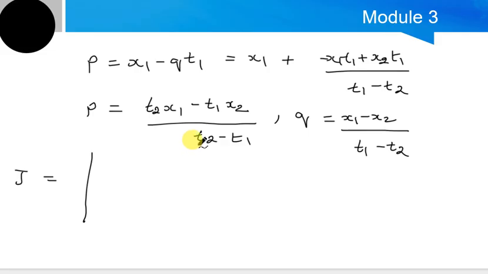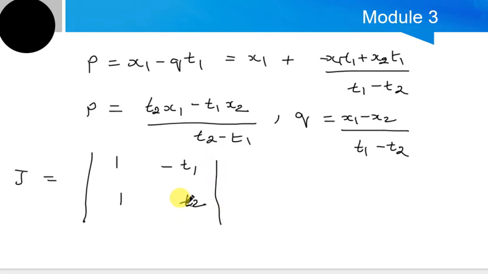The derivatives that I would get would be over here. The first one with respect to p will be 1. Then the next will be minus t1. Again with q it will be equal to 1, and then again it is going to be equal to t2.